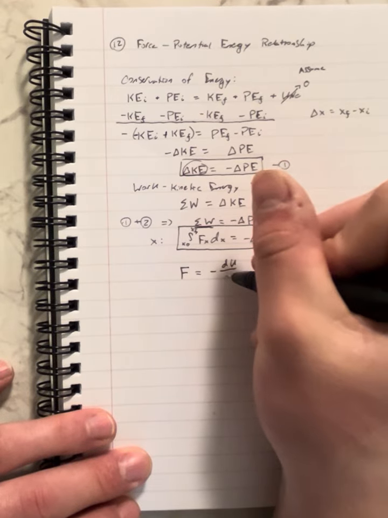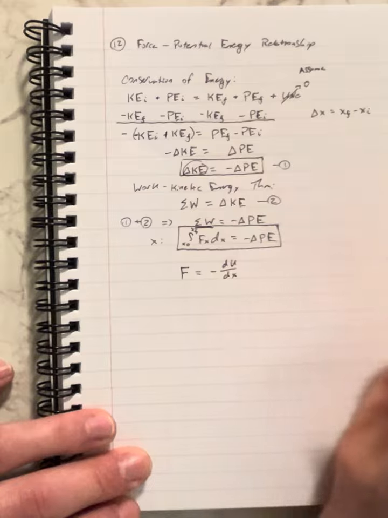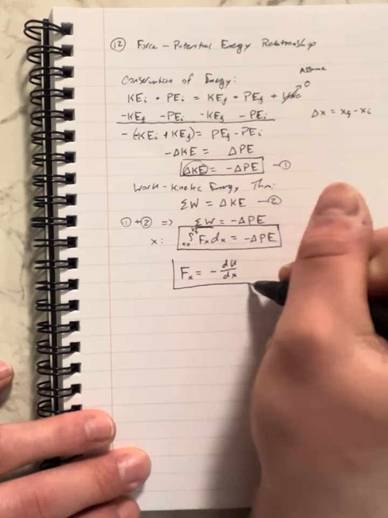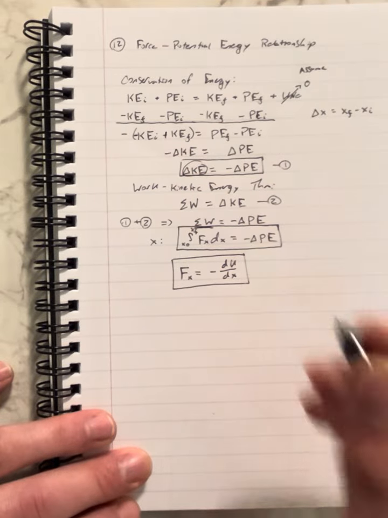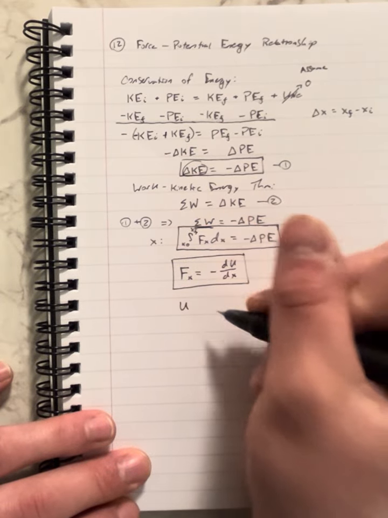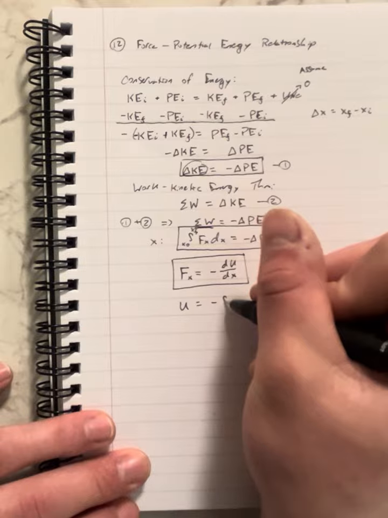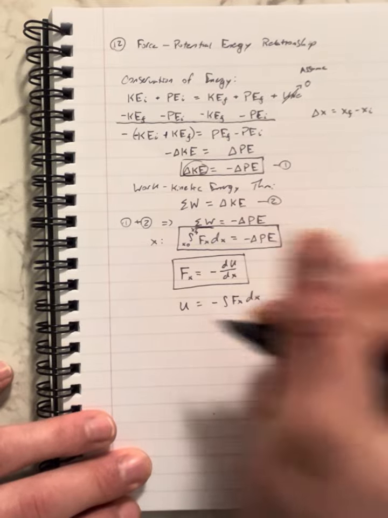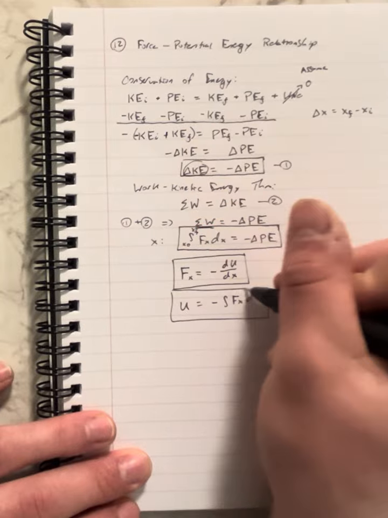F_x is negative dU/dx. Or, the way we wrote it before, U is equal to negative integral of F_x dx. These are your force-potential energy relationships.